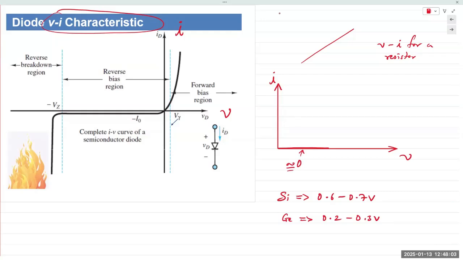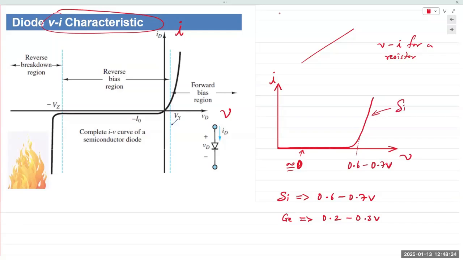Approximately equal to zero. And then as it gets towards 0.6 or 0.7, it will start to rise. From that point on, even a small increase in voltage will give rise to a very large increase in current. The intersection point right here is taken at 0.6 to 0.7 volts.